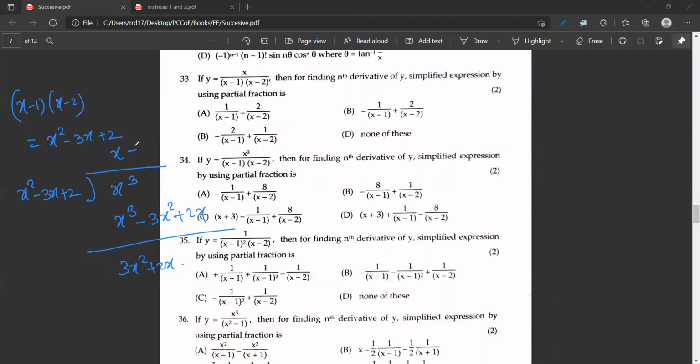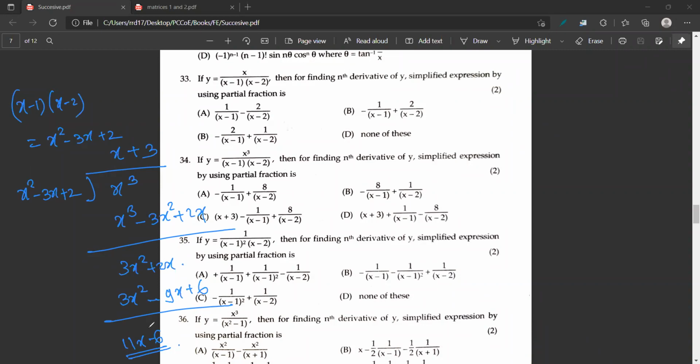Now again, we can multiply it by 3. So plus 3. What do we get? 3x square minus 9x plus 6. And if we do the subtraction, we get 11x minus 6. Clear?